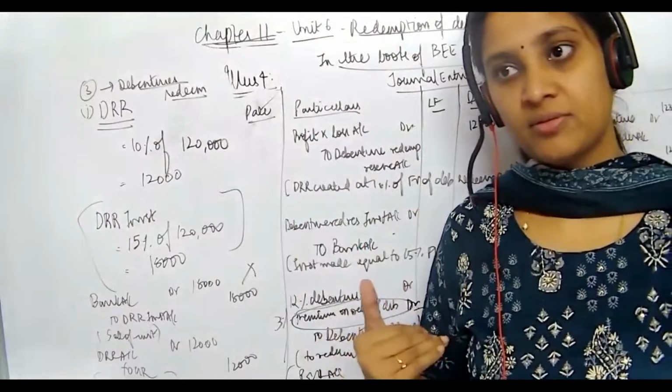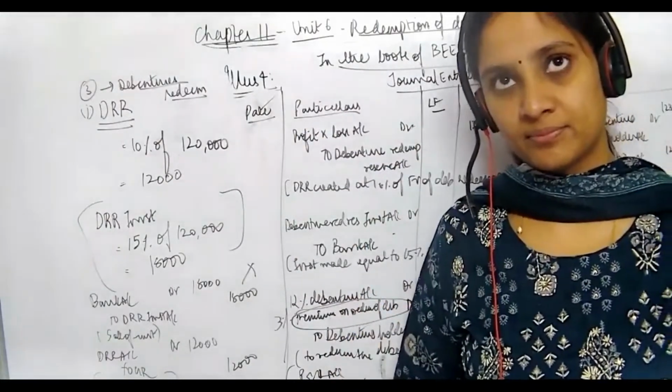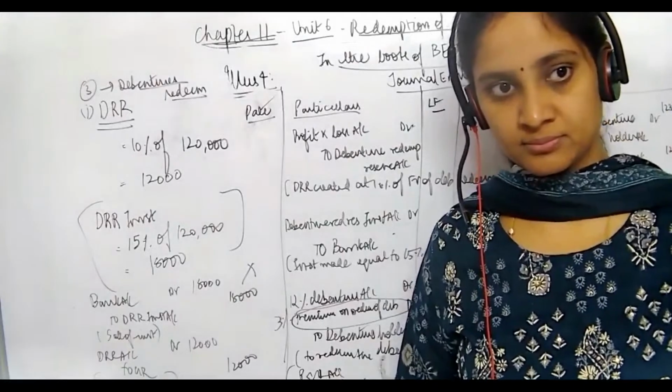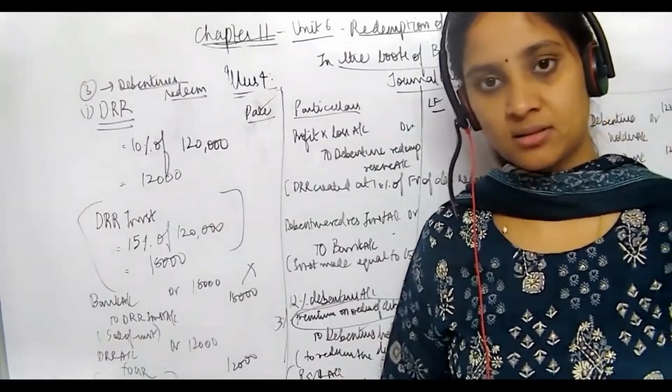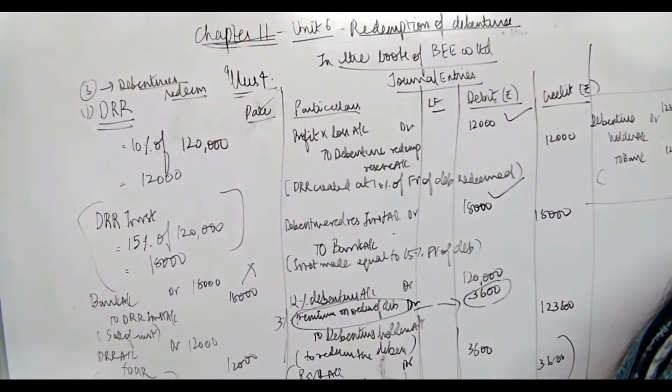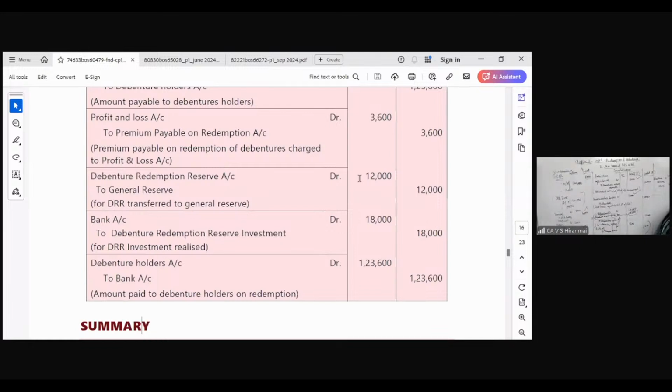In study modules, there is no 10%. How to create DRR, ma'am? You need not ask. That is the rule that you have to follow. Okay. Are you seeing the screen now?